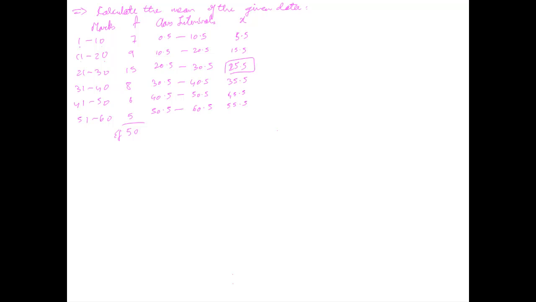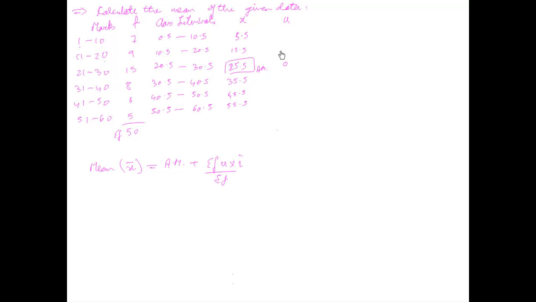We'll assume more or less the middle value as our assumed mean. So, children, the values of u, since you're going to use the step deviation method, mean given by symbol x bar is equal to assumed mean plus summation of fu into i upon summation of f.